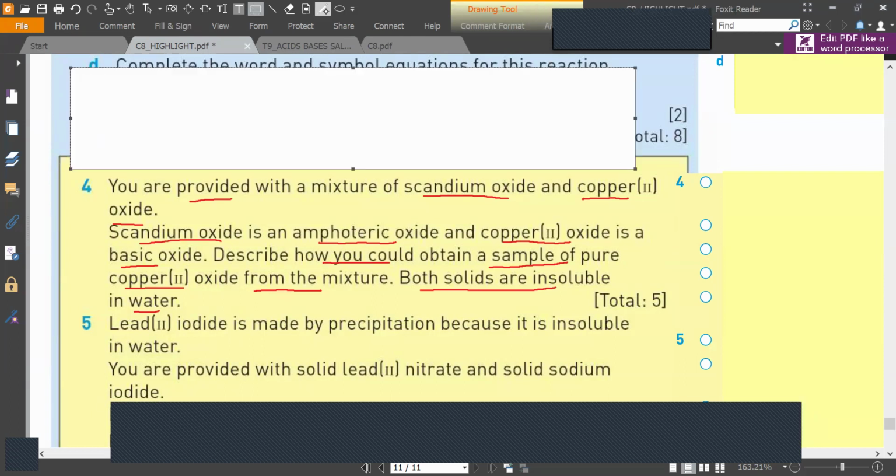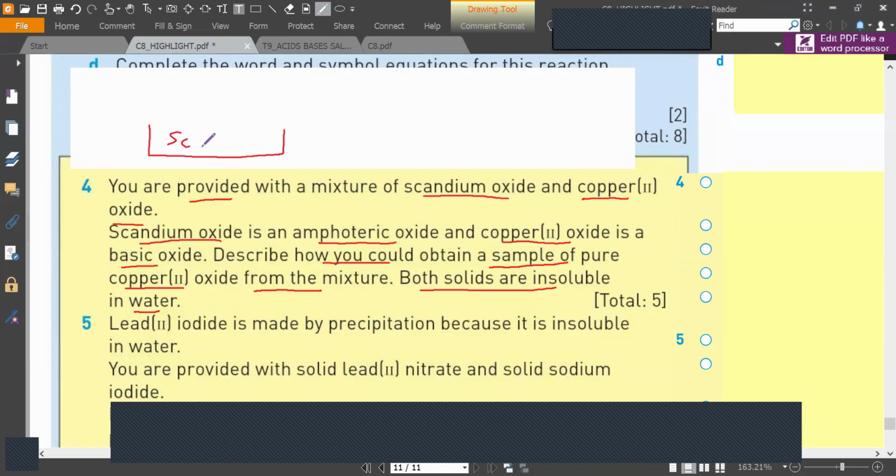So we have a mixture with scandium oxide plus copper oxide. Both are solid, both insoluble in water.